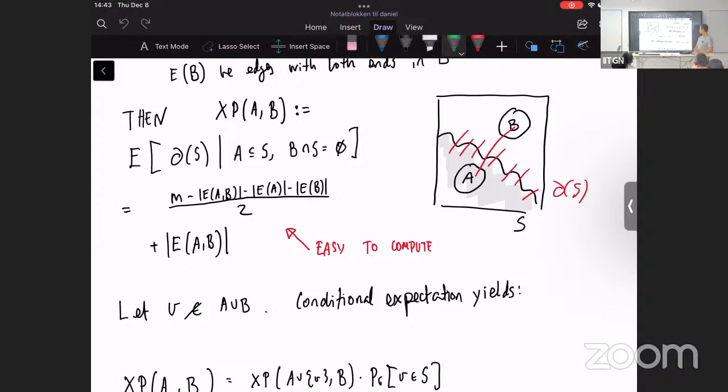EAB is one endpoint in A, the other in B, EA is both in A, EB is both in B. This whole term is all the other edges, the edges that are neither in EAB nor in EA nor in EB. Each one of those is random, so those are 1/2.